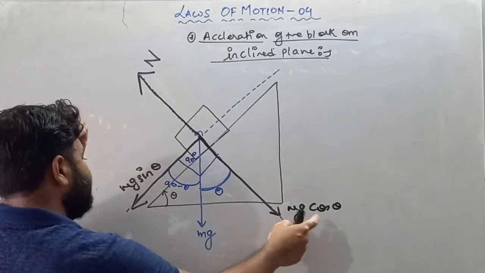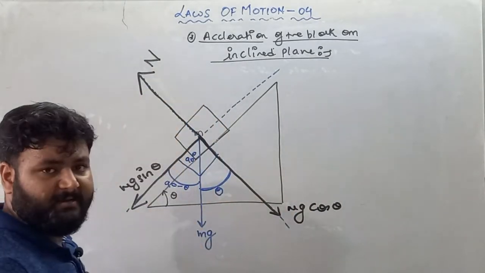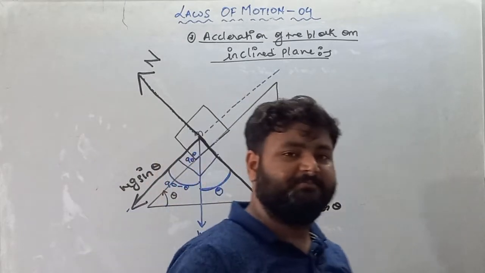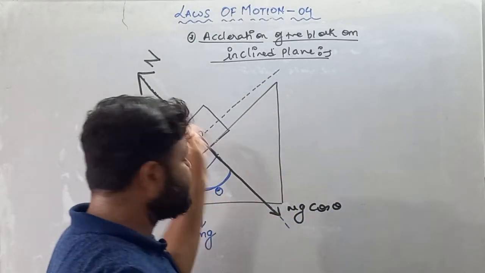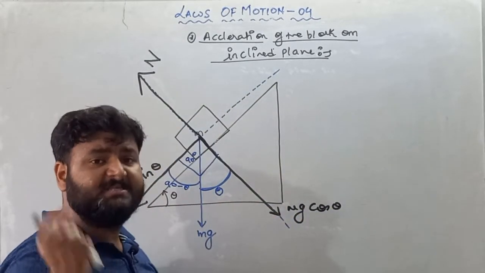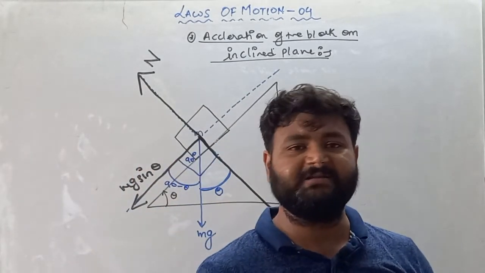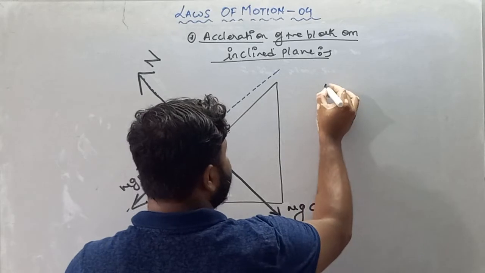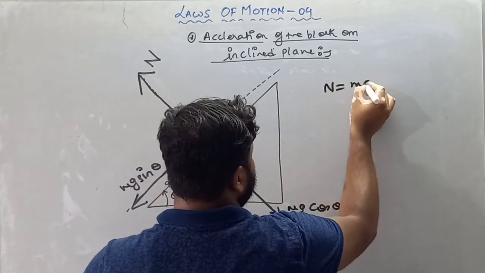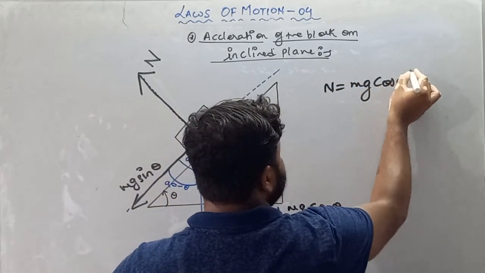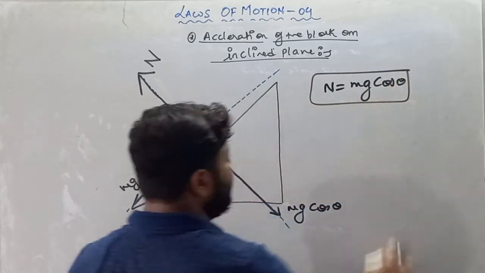It means mg cos theta and normal are in equilibrium, and we know that if forces are in equilibrium, it means forces are equal in magnitude and opposite in direction. It means, my dear student, we can write N must be equal to mg cos theta. This is the value of normal.